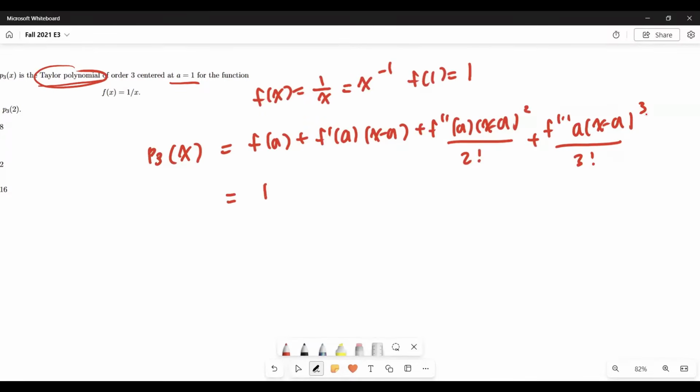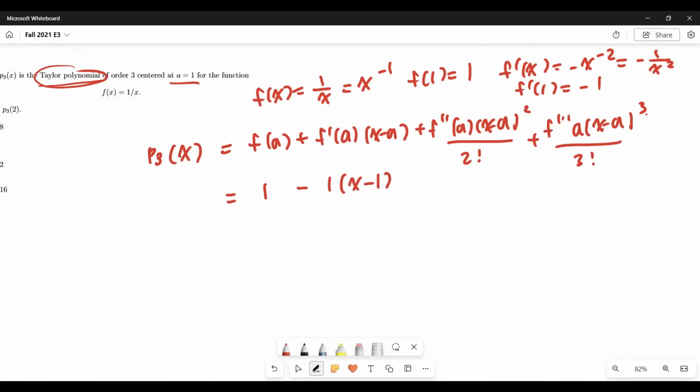So that's 1 plus. Let's find the derivative of f. f prime of x is negative x to the negative 2, which is negative 1 over x squared. So f prime of 1 is negative 1. So 1 plus, I'm going to change plus into negative, 1 minus 1 times (x minus 1).